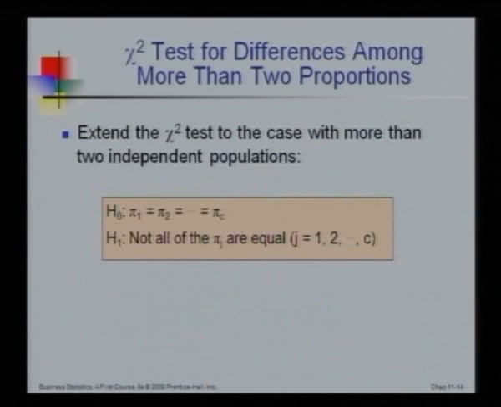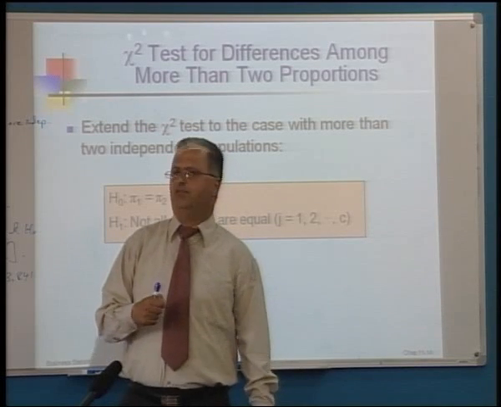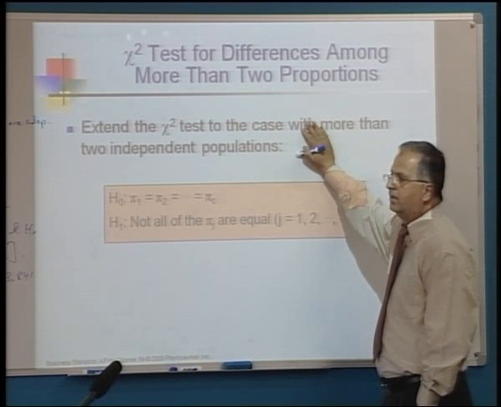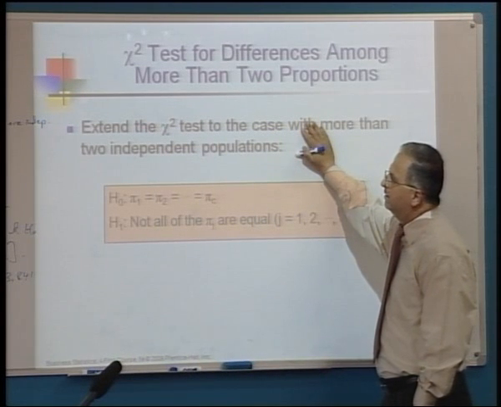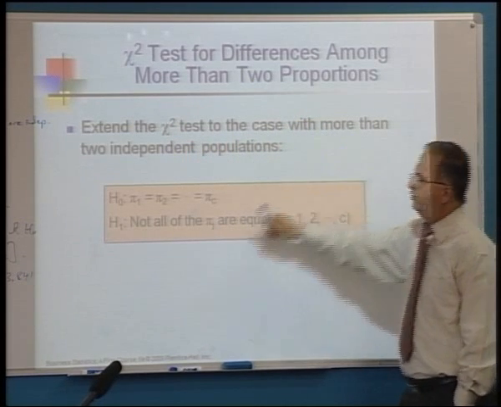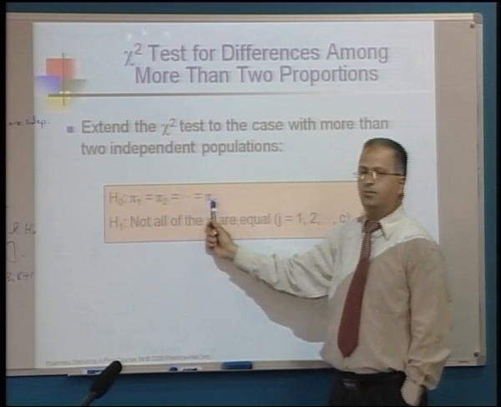We stopped last time at this point. Now suppose we are testing the difference among more than two proportions. The same steps apply, and we have to extend the null hypothesis, pi 1 equal to pi 2, all the way up to pi c.